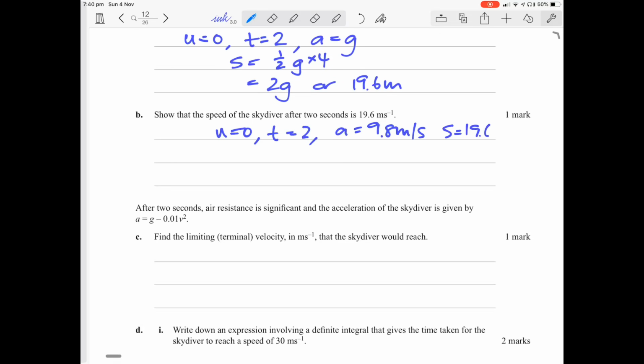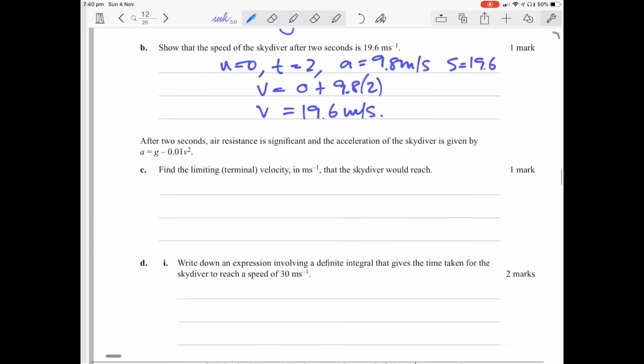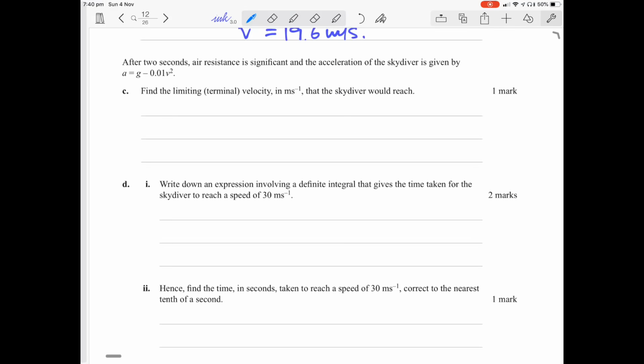Displacement is 19.6. So V equals U plus AT, 9.8 times 2, which is 19.6 meters per second. That's our velocity. After 2 seconds, air resistance is significant, and the acceleration of the skydiver is given by that.